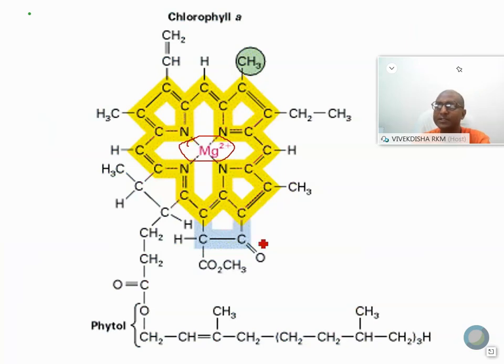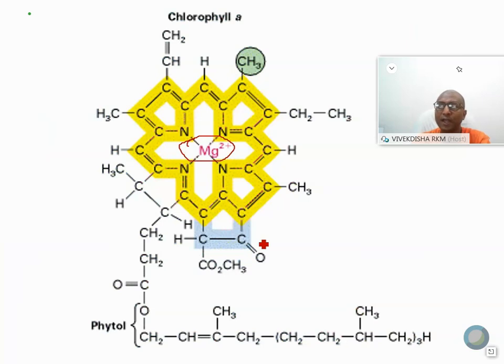Understand this, generally it is asked. Which element is very essential in the formation of chlorophyll? Apart from carbon, hydrogen, nitrogen, which will be required certainly, there is a very special presence of the element magnesium. Similarly, in hemoglobin, iron is required.